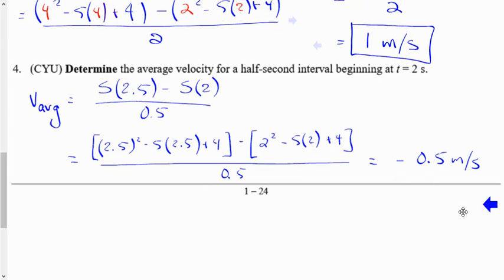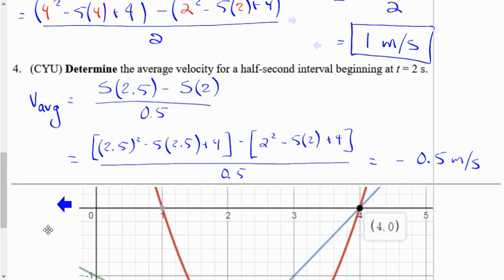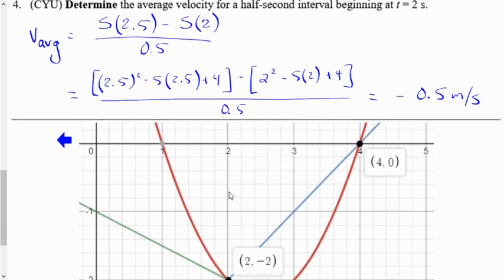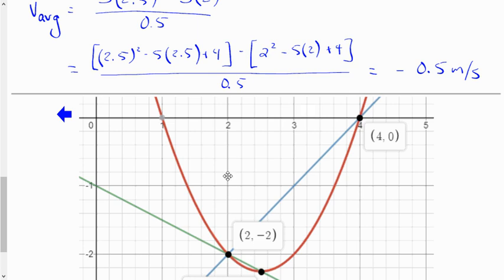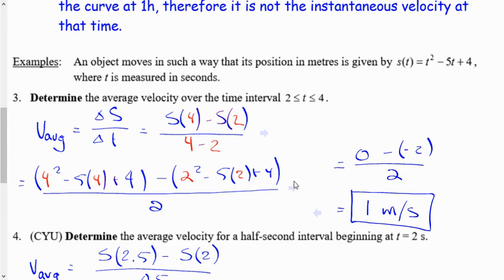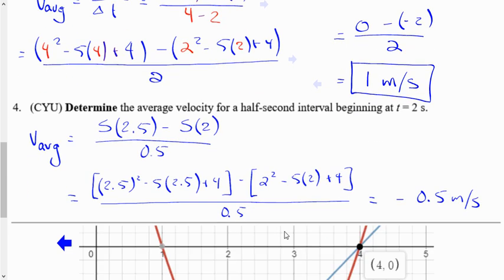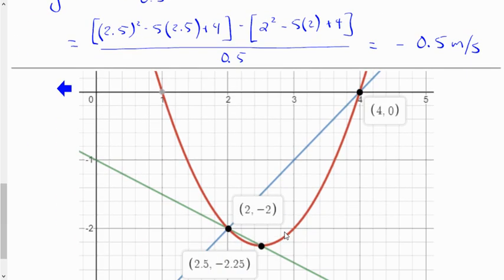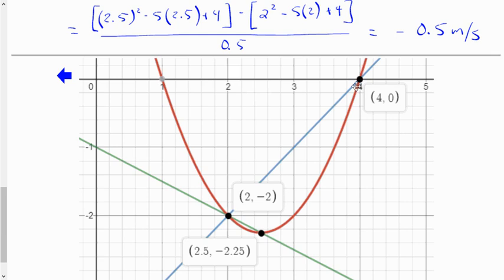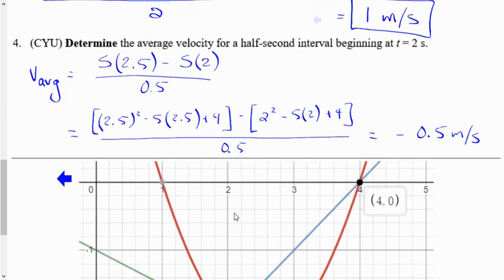And what we're finding is something we can visualize on this graph. So here, the red graph is our position function. So the position that we had up here. And then as we look at our lines, here this blue line is what we found in question number 3. We found we had a slope of 1 meter per second.